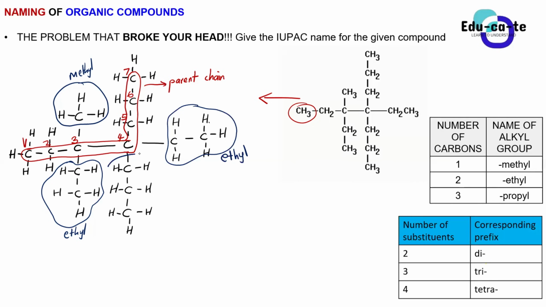The one that I'm circling right now. Do you guys see it on carbon 4? Yes, sir. Yes, and it has got 3 carbons in it. So remember, guys, when we've got 3 carbons in the alkyl group, we go to our table, 3 carbons takes propyl. So basically this is a propyl group.